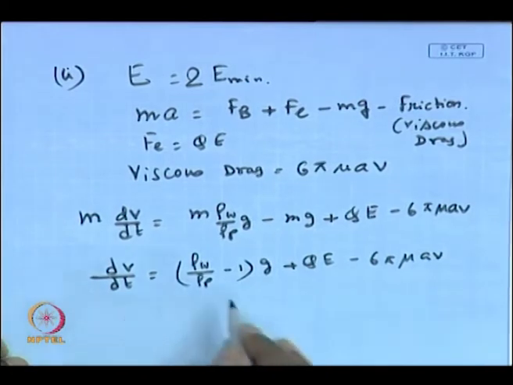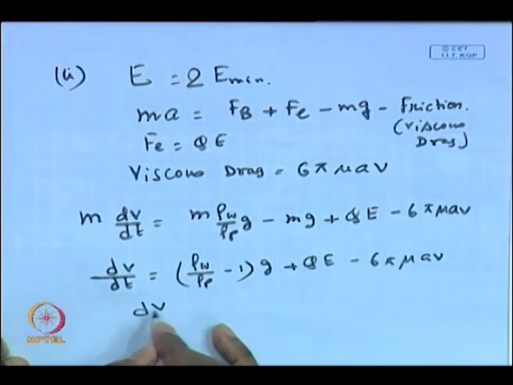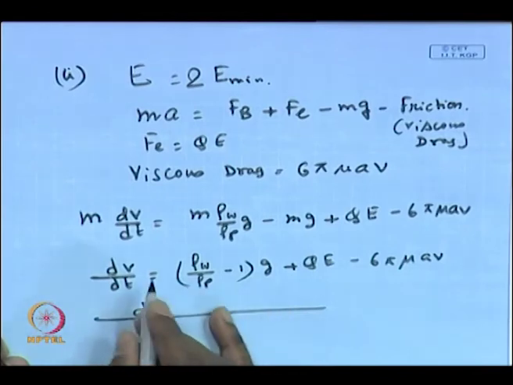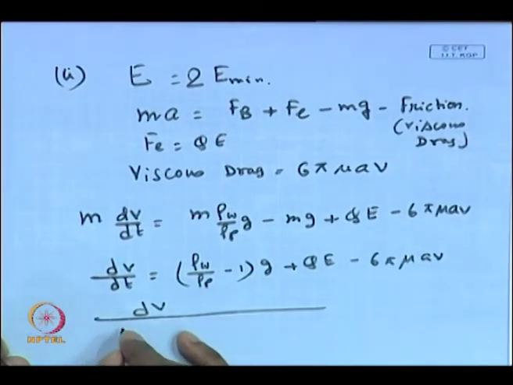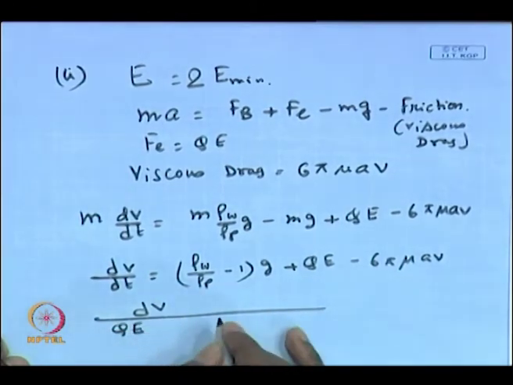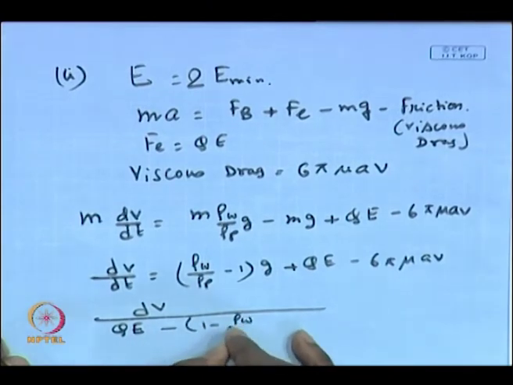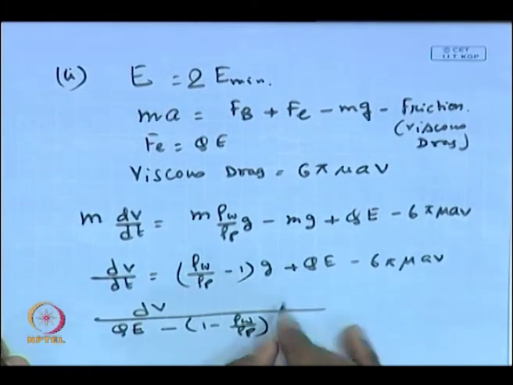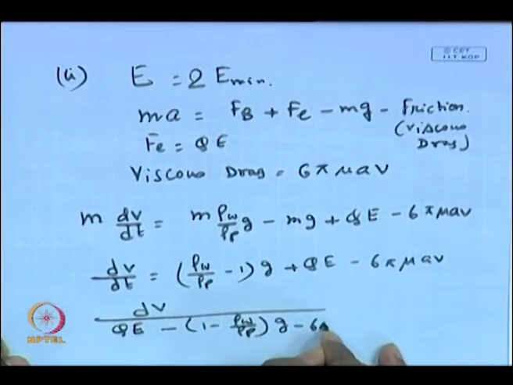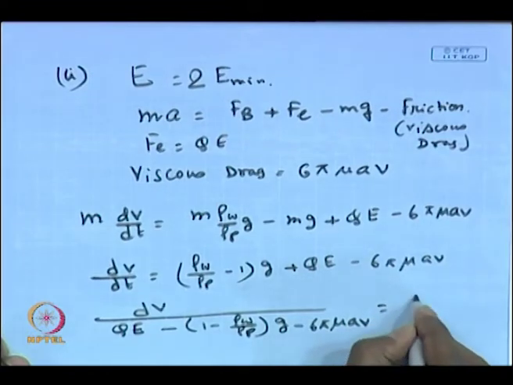You do the separation of variables, dV divided by the whole thing on the left hand side. On the right hand side, Q E minus 1 minus rho w by rho p times g minus 6 pi mu A V is equal to dt.